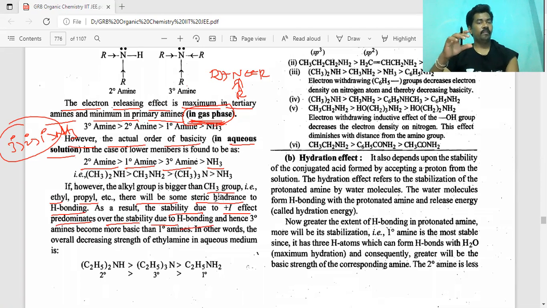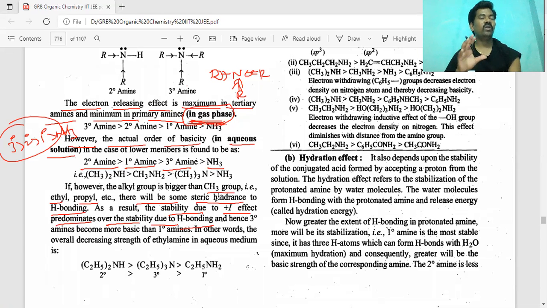More alkyl groups means the plus I effect will be more, so the plus I effect will predominate over hydrogen bonding, and hence tertiary amines become more basic than primary amines.